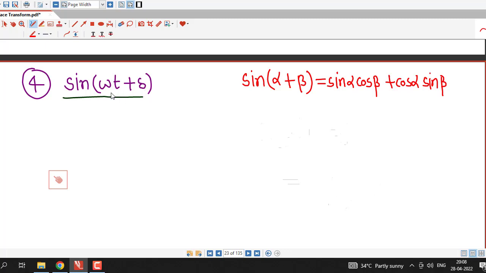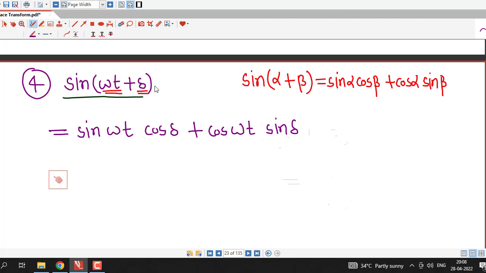We will use this formula with alpha equal to omega t and beta equal to delta. So first we rewrite our function as sine omega t times cos delta plus cos omega t times sine delta. Here delta is constant, therefore cos delta and sine delta are constants, and now we can use the linearity property.